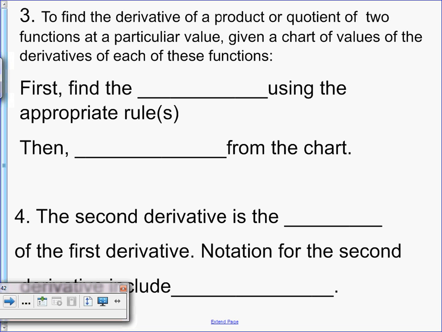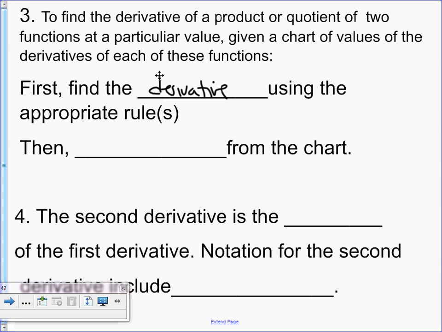And then, if they want you to find the derivative of a product or quotient of different functions at a particular value given a chart, first find the general derivative using the appropriate rules, f prime of x.